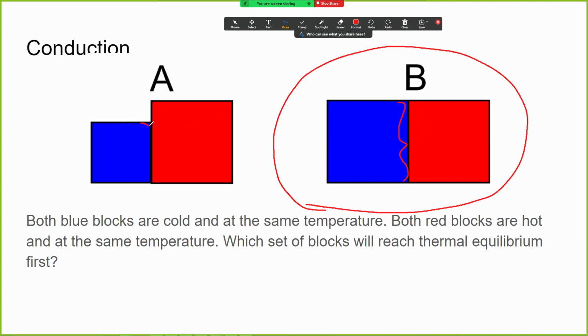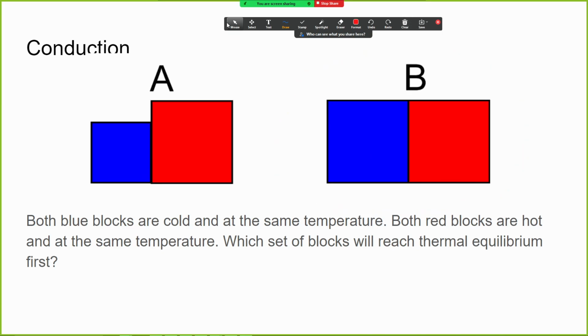In A, the blue block is smaller than the blue block in B. So there is more area in B for collisions to occur, and therefore thermal equilibrium will be reached faster.